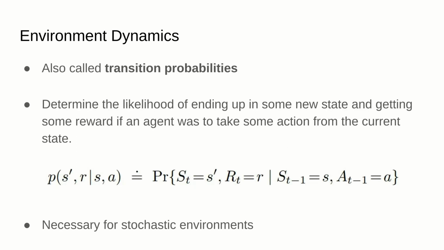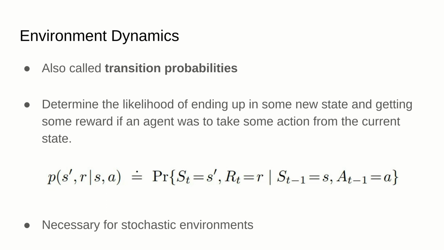The dynamics of an environment, which are also known as the transition probabilities, determine the likelihood of ending up in some new state and getting some reward if an agent was to take some action from the current state. This can be read as p is equal to the probability of ending up in some new state s prime and receiving some reward r, given that the current state is s and the action taken is a.